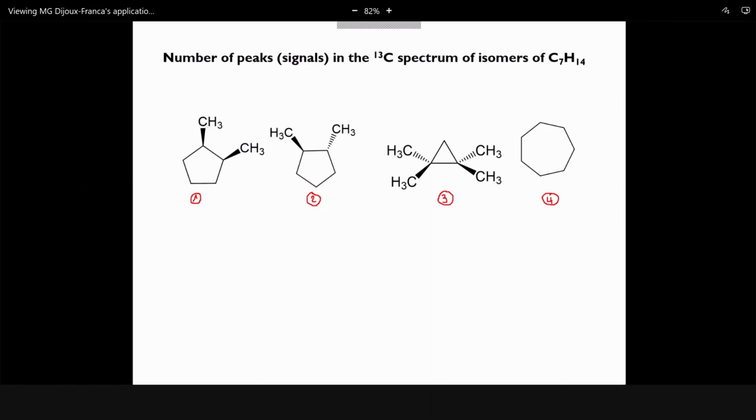Is it a plane, an axis? If you see a symmetry, can you tell me how many signals we should see on the spectrum?